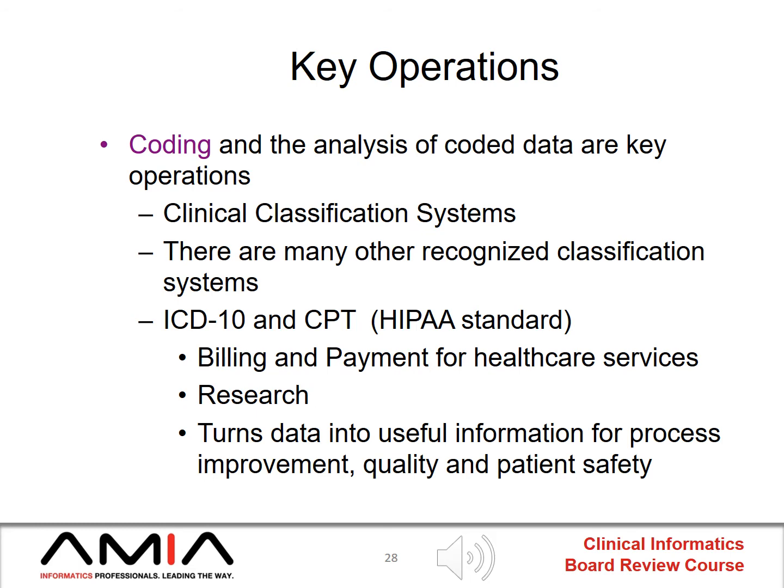Those specified by HIPAA include ICD-10, that's the International Classification of Diseases, 10, and you'll learn more about this in this course, and Current Procedural Terminology, or CPT. The creation of a code is necessary for many reasons, including for billing and reimbursement for healthcare services, and also in research.